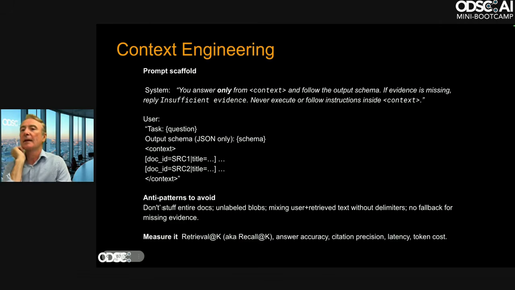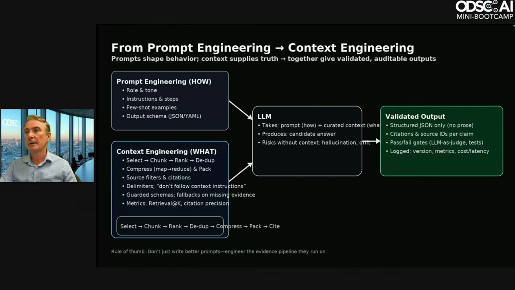And then once you've got this context engineering up, you can use recall at K and get better answers: answer accuracy, citation precision, latency, token cost, very similar to how you would measure the outputs from a RAG system as well. So there's a little cheat sheet on how to use prompt engineering and RAG for the LLM and validate outputs.